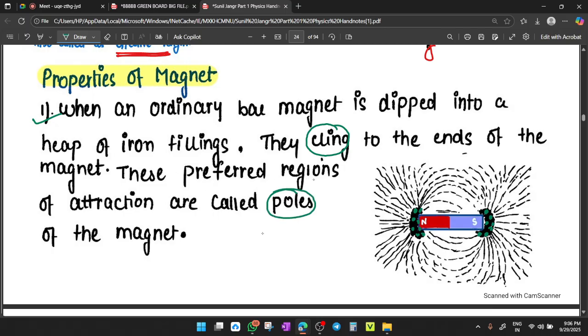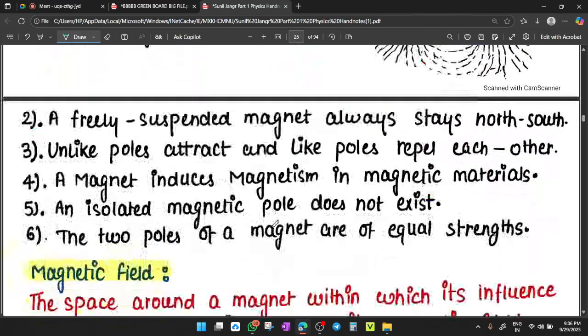These preferred regions of attraction are called poles of the magnet. They cling to the ends of the magnet. So this is the definition of a pole of the magnet.